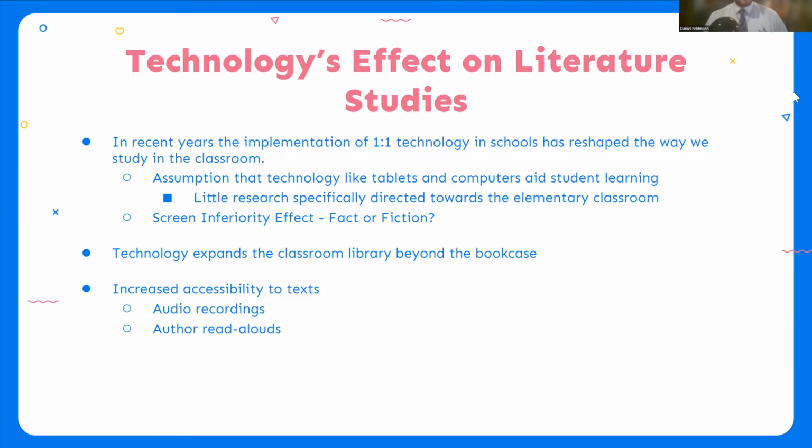One of the hypotheses that has arisen is this phenomenon called screen inferiority effect that was largely addressed out of a study of undergraduate students, and a follow-up study by Salmeron, Delgado, Vargas, and Gil redirected it towards upper primary school students, largely aimed at children from about 10 to 13 years.